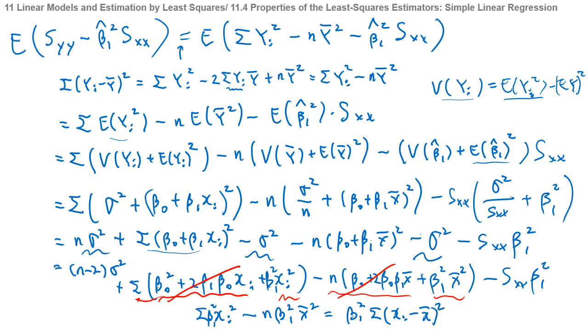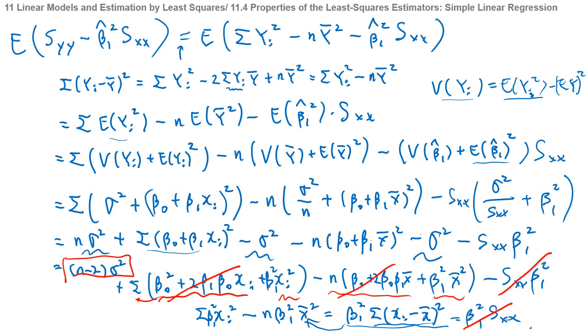If you rewrite this thing, then you can prove that these are equivalent. And actually this is beta 1 square sxx. So this beta 1 square sxx part and beta 1 square sxx part cancel. So only this part remains.